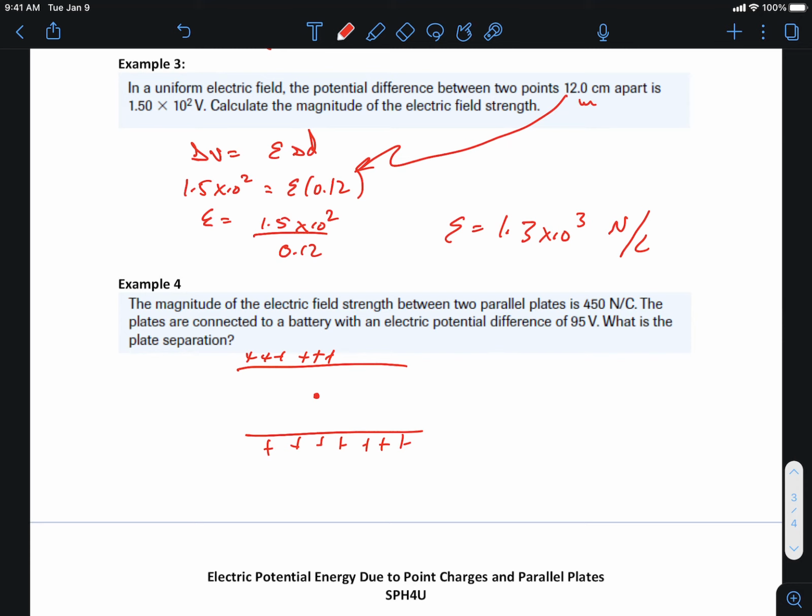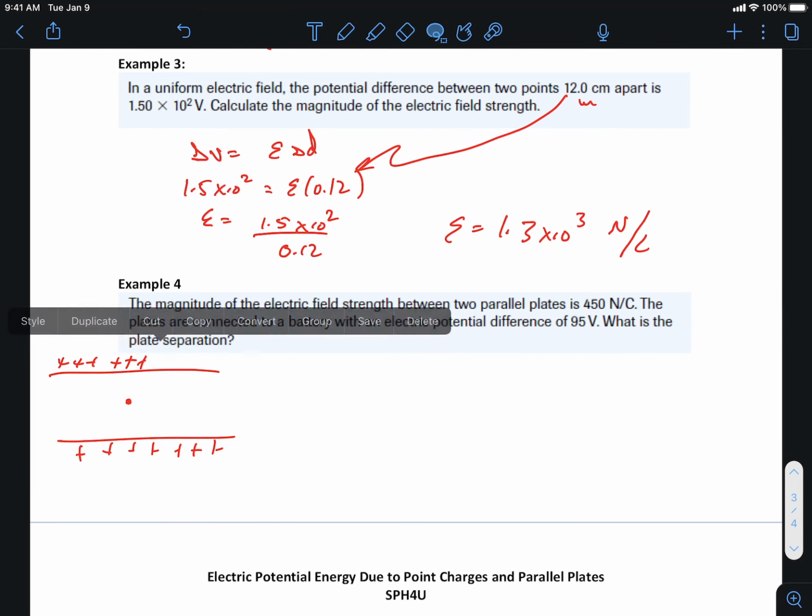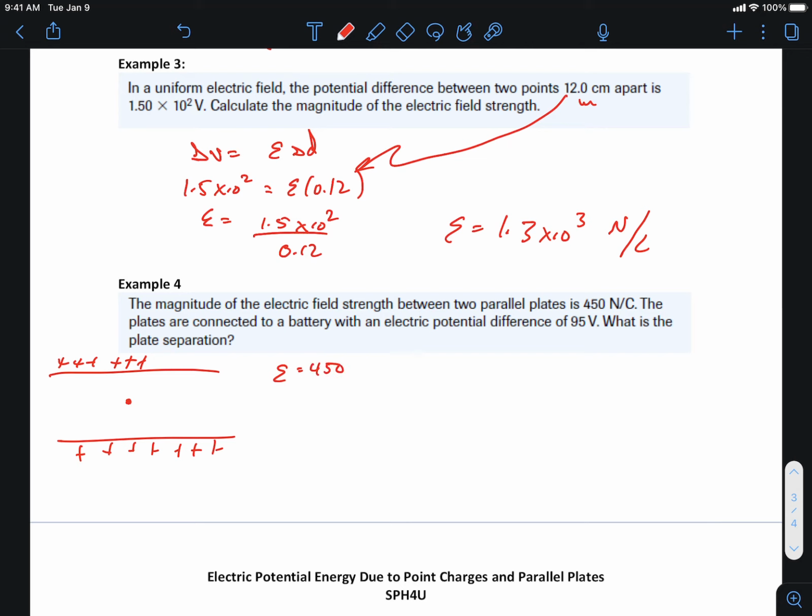The electric field strength between two parallel plates is 450 newtons per coulomb. So we know the field strength, and the plates are connected to a battery with an electric potential, so we also know the potential difference between these two, delta V. What is it we're looking for?